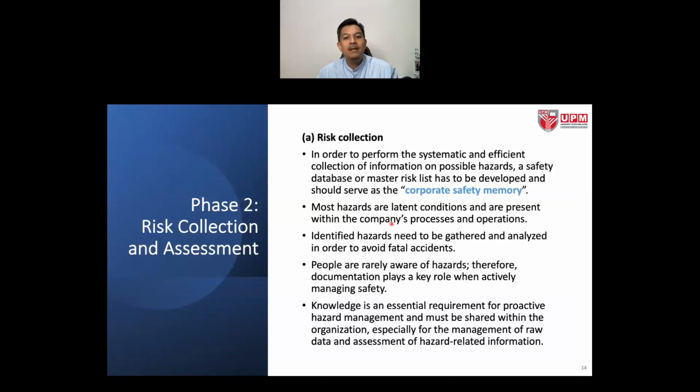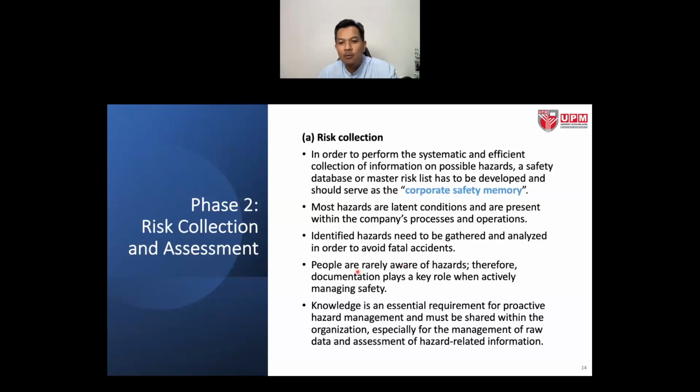So you need to build up a database of the potential risks and the previous hazards or accidents that have already happened, right? Identified hazards need to be gathered as well as analyzed to avoid fatal accidents, right?